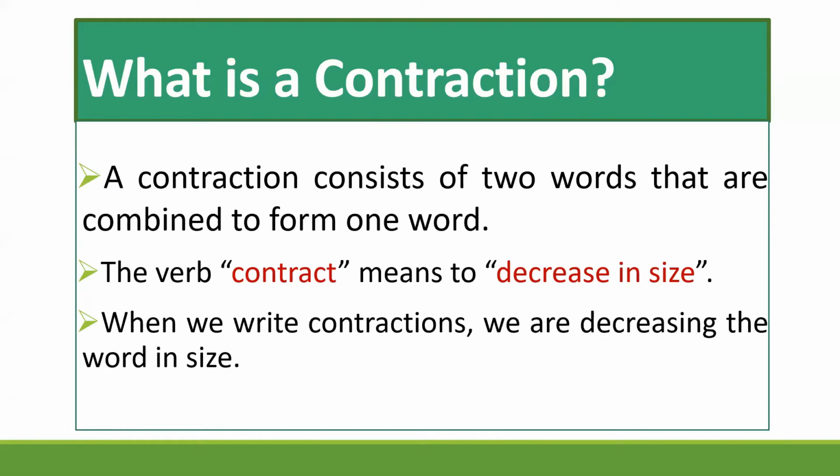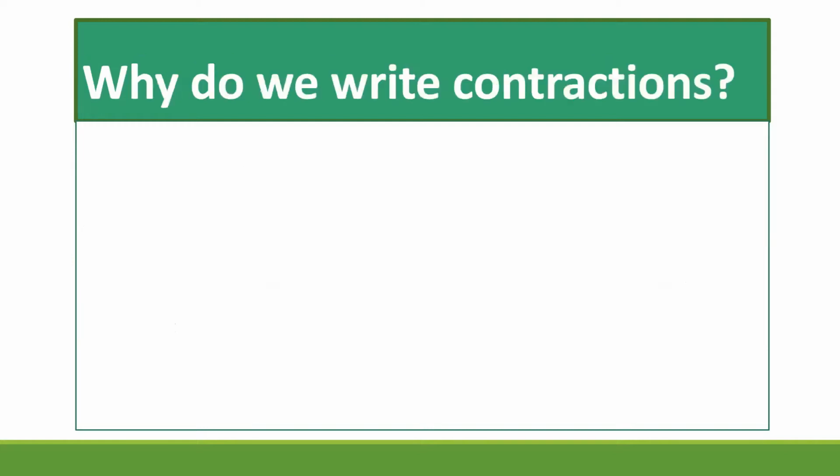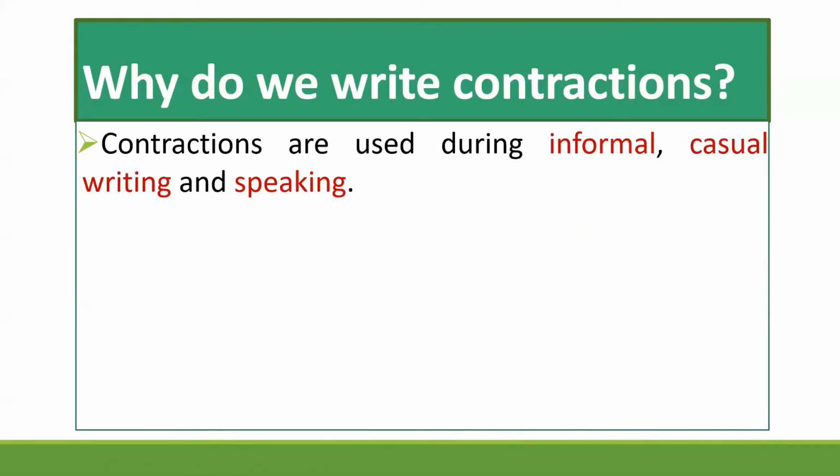Alright, so they are used as a way of speaking quickly and more fluently. Okay, so it is very important to know when to use, or why do we write, contractions. Contractions are used during informal, casual writing and speaking.